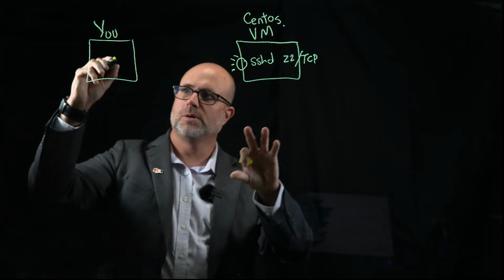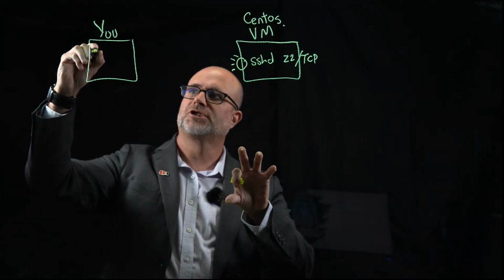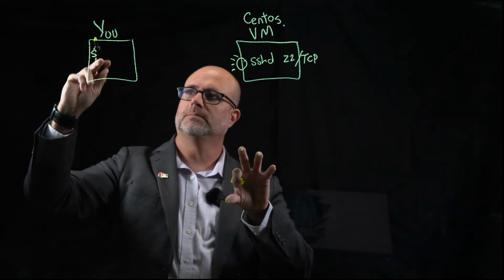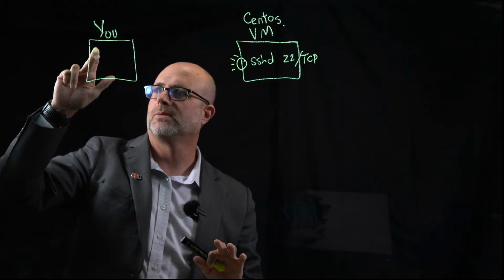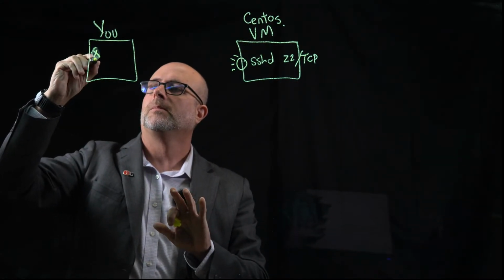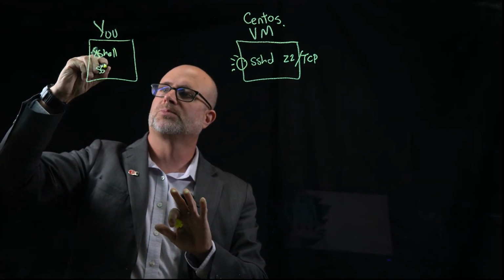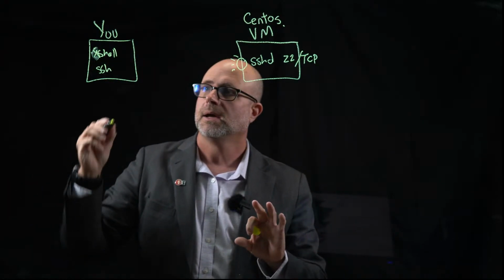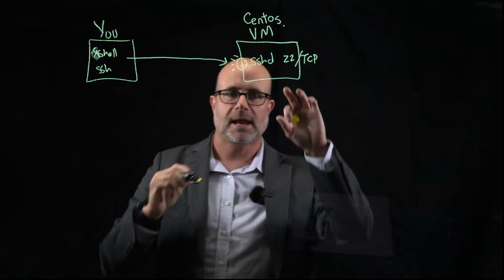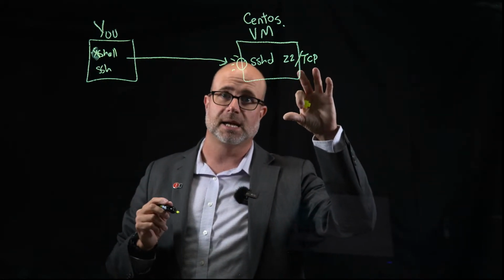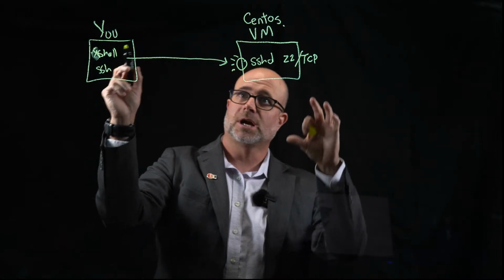And so you, on your computer, run Xshell, which starts with an X. Xshell uses the SSH protocol to connect to things. You make a connection out to that CentOS VM, and the SSH daemon listening on your CentOS VM allows Xshell to connect to it.